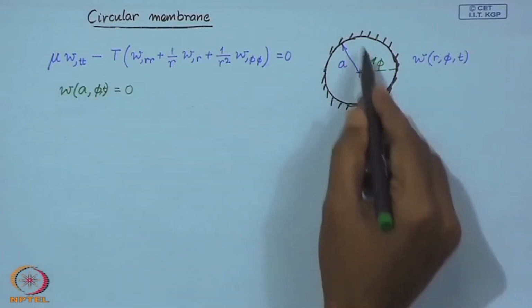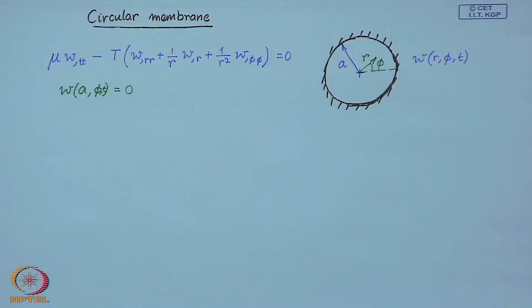So, the displacement on the boundary is 0. We will be looking at the modal solutions of the circular membrane.